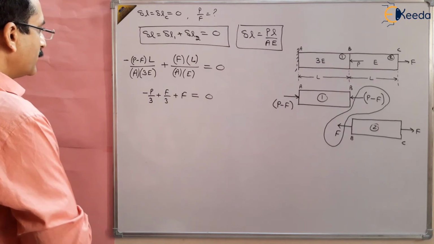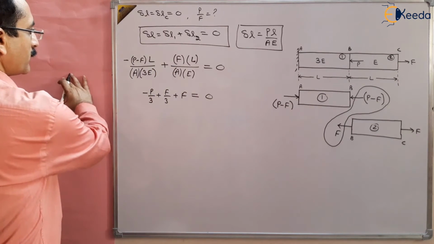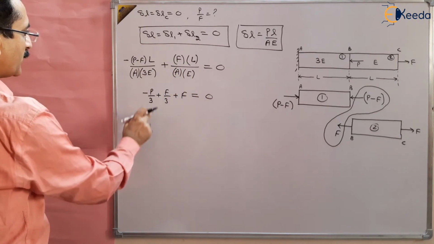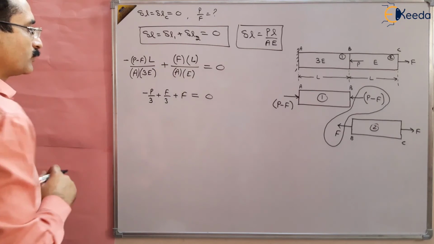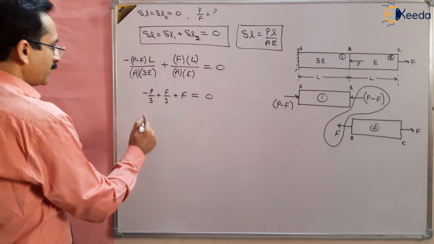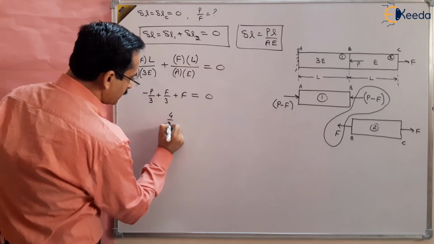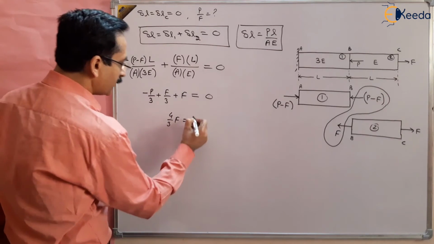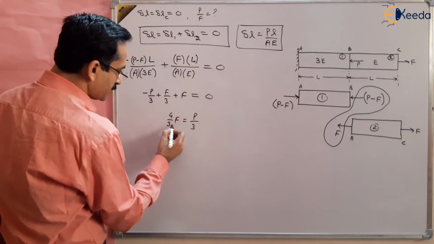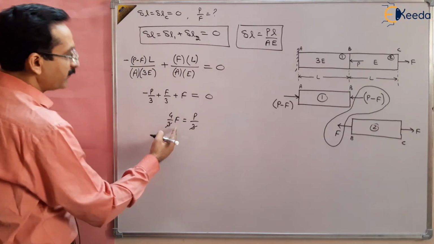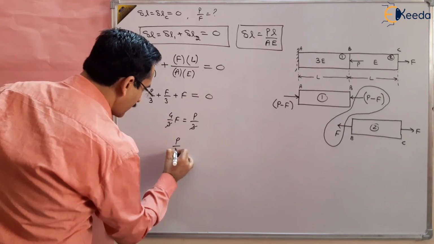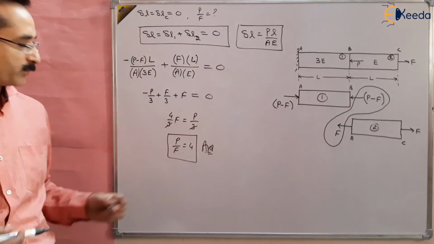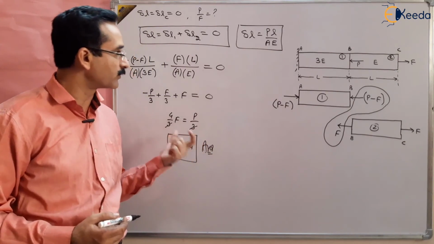So we have minus P by 3 plus F by 3 plus F should be equal to 0. We can further solve it: 4 by 3 F should be equal to P by 3. So the 3 and 3 cancel. Finally we get P by F equal to 4. So this is the answer of this question: P by F is equal to 4.